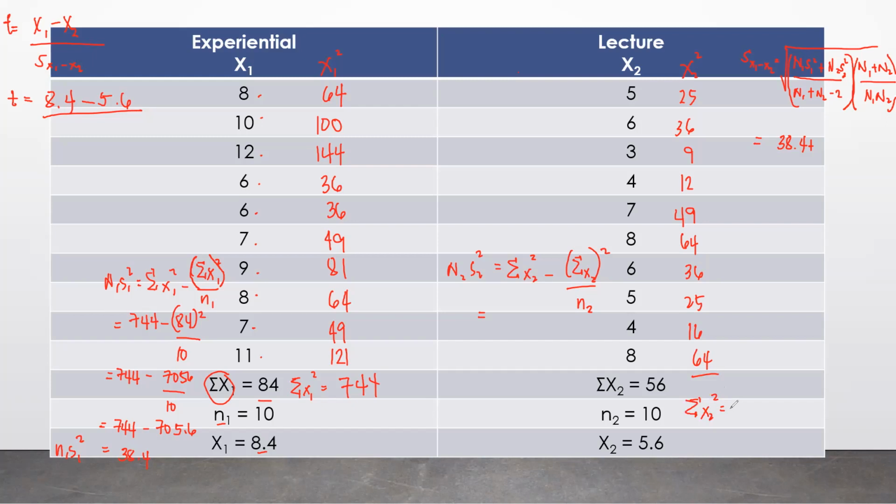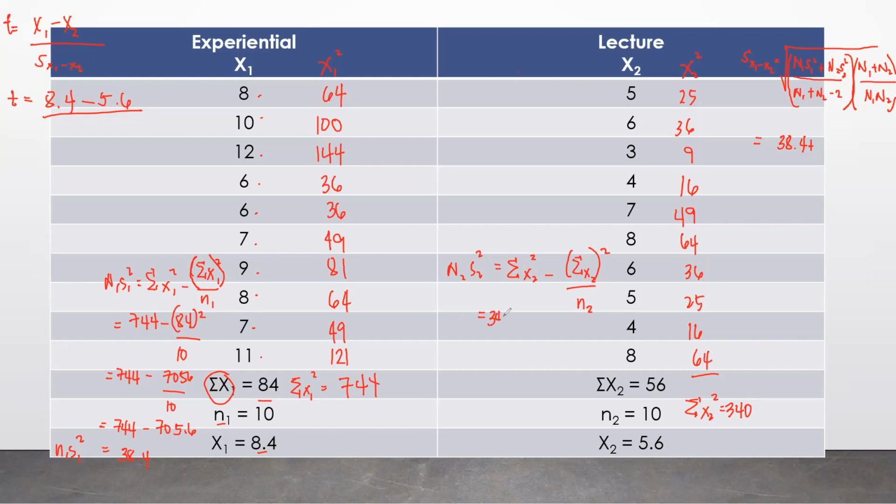Kindly check baka nagkamali ako sa square. Ah, na-miss ko. This will be 16. Okay, ulit. 25 plus 36 plus 9 plus 16 plus 49 plus 64 plus 36 plus 25 plus 16 and plus 64. So this is a total of 340.